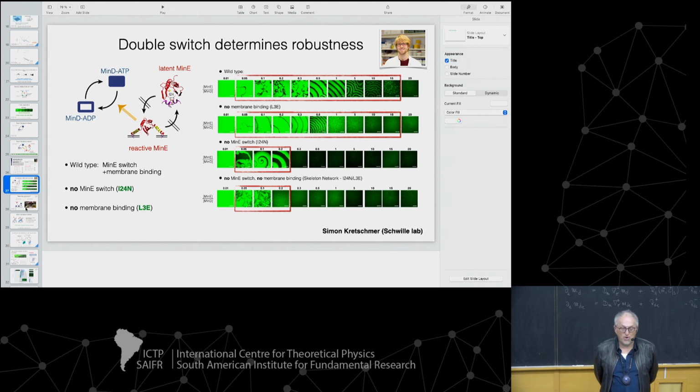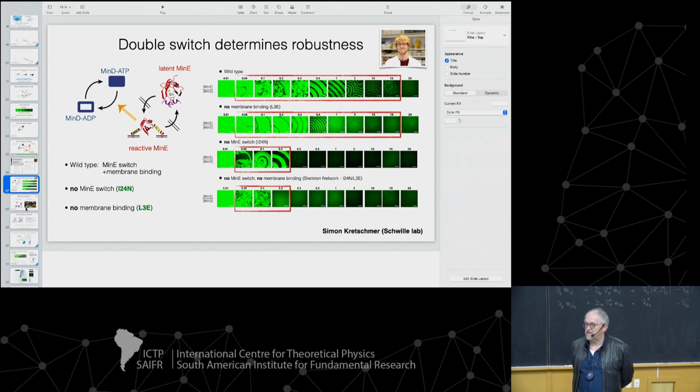And at the moment, I think we're actually there, that we have one set of parameters, and with one set of parameters, we can explain the in vitro data, and we can explain the in vivo data. With minor modifications, because in vitro and in vivo is different in terms of diffusion constants, because the cytosol and the membrane have different types of viscosity.